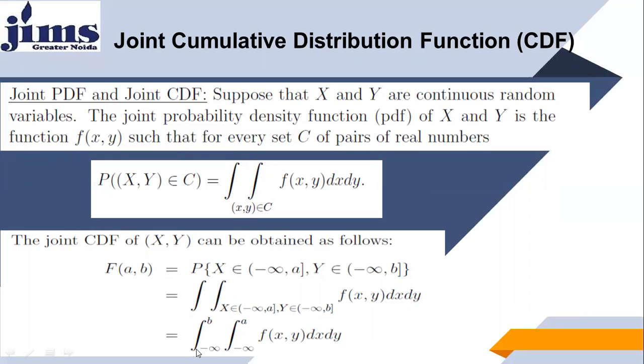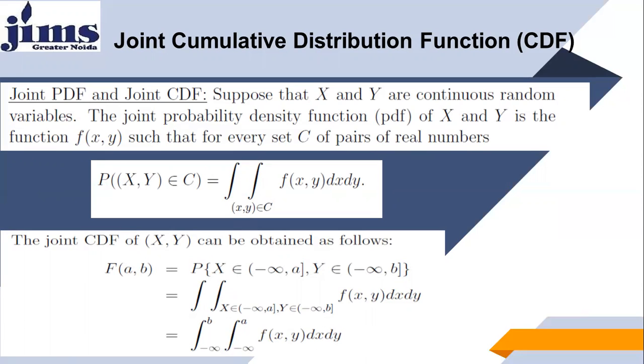So for example, if the limit of x is minus infinity to a and the limit of y is minus infinity to b, then we can write the cumulative distribution function F(a,b). Look at this F(a,b). The cumulative distribution F(a,b) is equal to the integral of the probability density function, where we integrate by putting the limit minus infinity to b for y and minus infinity to a for x.